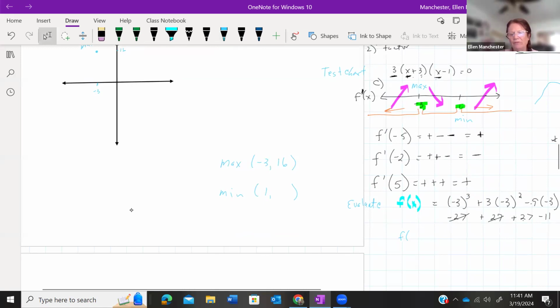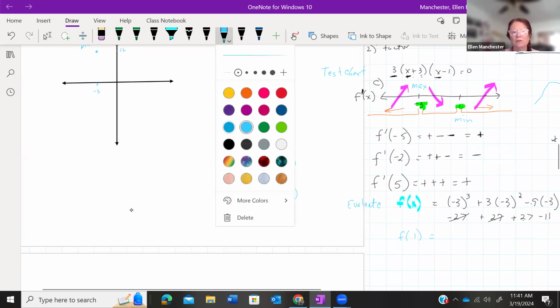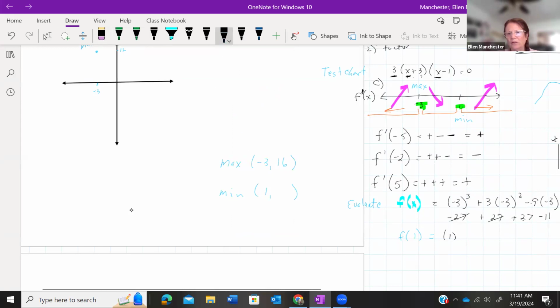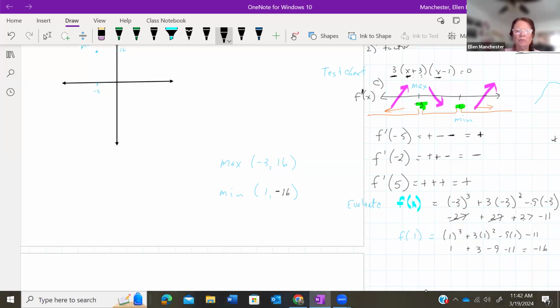So we have f of 1. Okay, so it's 1 cubed plus 3 times 1 squared minus 9 times 1 minus 11. So we have 1 plus 3 minus 9 minus 11. So we have 4 minus 9 is -5, minus 11 is -16. So your minimum is at +1, -16, right here.